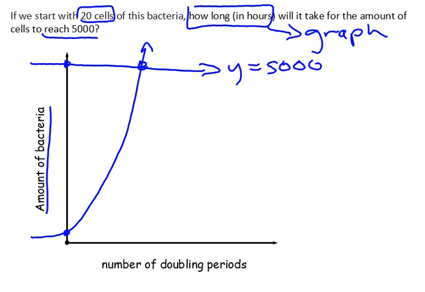So we want to know where these 2 points intersect so we can figure out how many doubling periods have occurred. Once we know how many doubling periods have occurred, we can figure out how long it's been. But we have to solve for the doubling periods first.